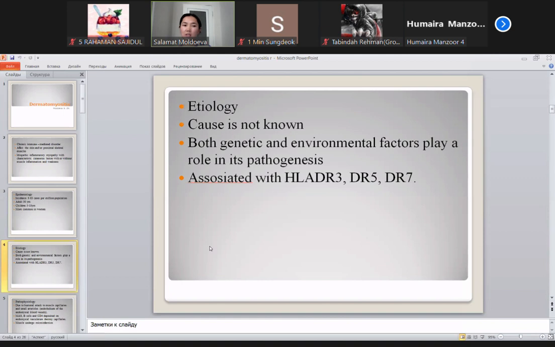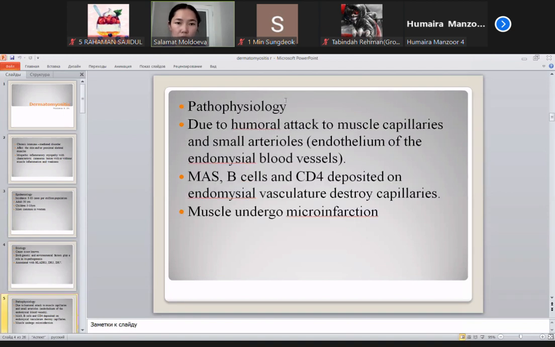Doctors think we should give a big role to viral infection, because when doctors do a biopsy of muscles, which is the gold standard for diagnosis of dermatomyositis, we can find necrosis and inflammation of the muscles.